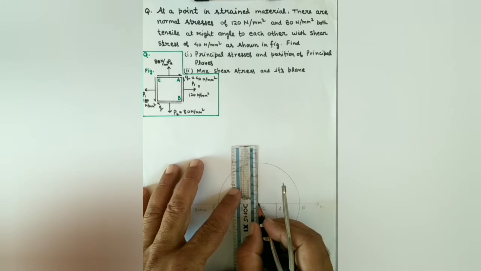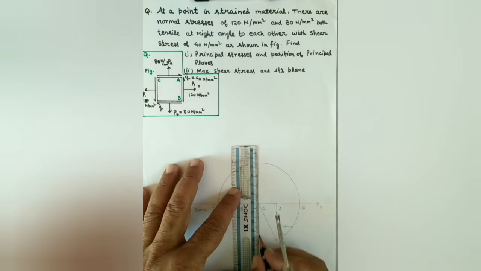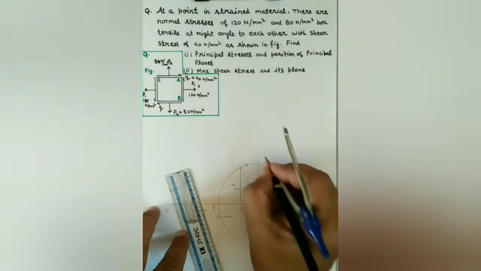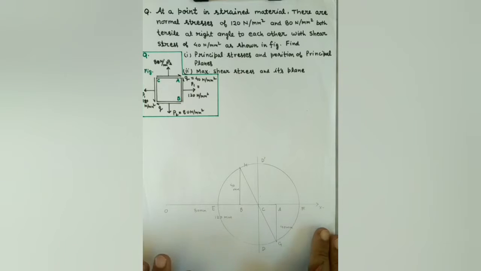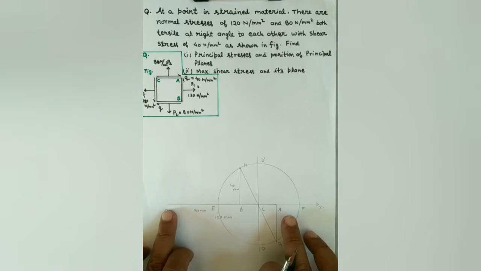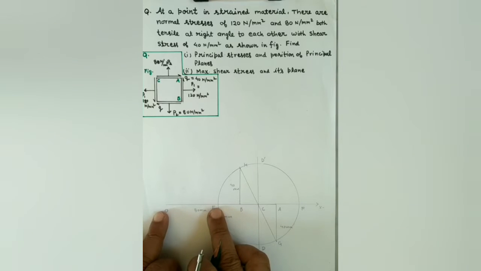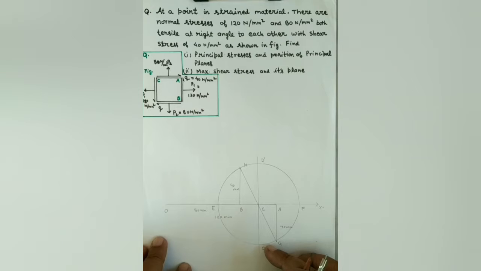So let us draw a vertical line from C to touch the circumference of the circle, downward and upward both. Let the down point be D and the upper point be D dash. So CD represents the maximum tangential stress, and CD dash represents the maximum shear stress in negative direction, so it becomes minimum tangential stress.